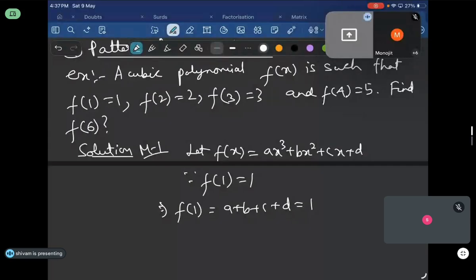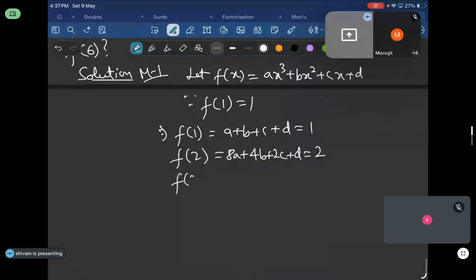What is f of 2? f of 2 is equal to 8a plus 4b plus 2c plus d is equal to 2. f of 3 will be equal to 27a plus 9b plus 3c plus d is equal to 3.